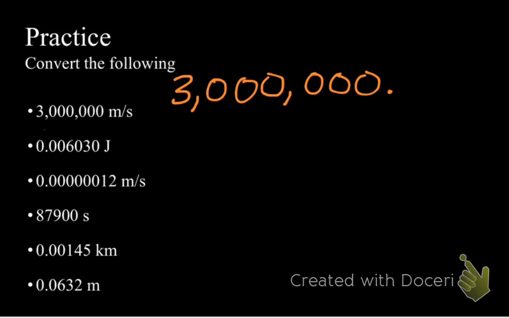So I'm going to move my decimal after the first non-zero number that I see. We read from left to right, so the first non-zero number is 3. So I'm going to stop my decimal after the 3 and see how many spaces it took to move that. So we have 1, 2, 3, 4, 5, 6.